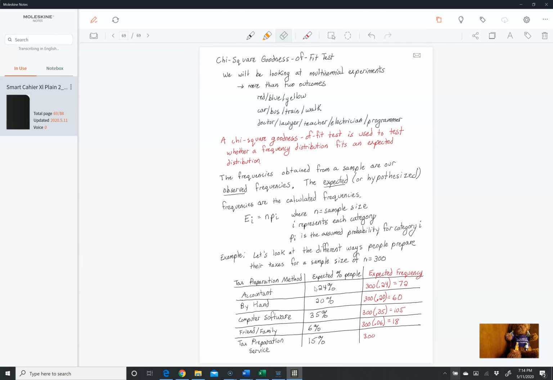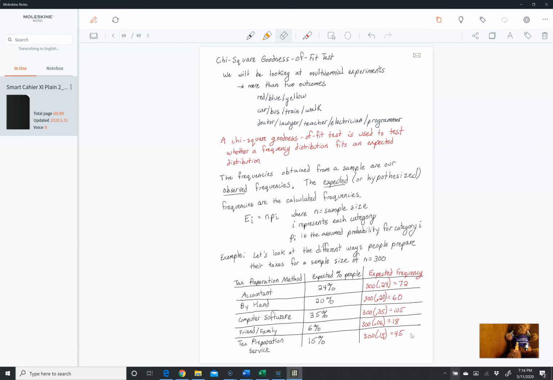And 300 times 0.15, and we get that 45 people use the tax preparation service. Okay, now this is expected. This is our hypothesis. Okay, it's not what actually is. What actually is would be observed frequencies. I did not give that to you here. Okay, now in a regular problem you would get it, but here we're just calculating expected frequencies.